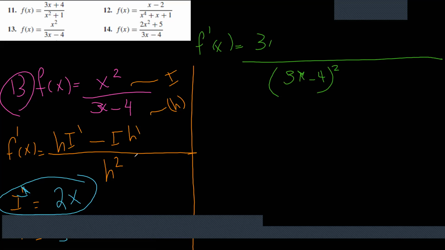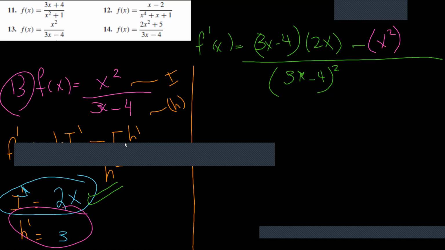Now up I have 3x minus 4, which is h times g prime. g prime is 2x, as you see here, minus now g, where is g? It is x squared, times h prime. h prime here is 3.